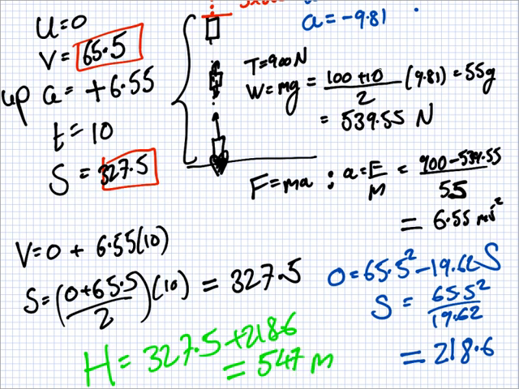I think in my book last year I just said, oh, it's 100 plus 0, but I'm being a bit more accurate because we still have the 10 at the end. So I think 546 is probably a little bit more accurate than 547. Oh, do you know what it was?